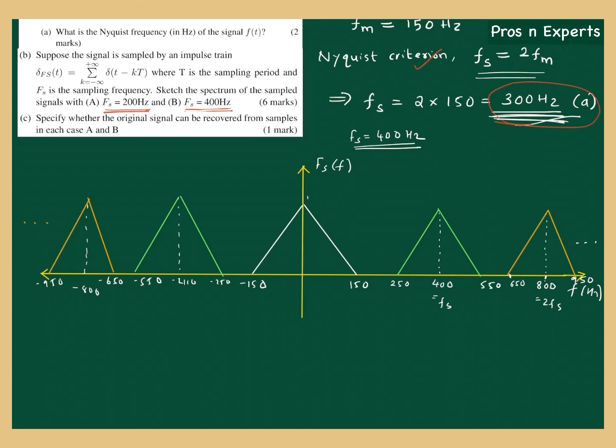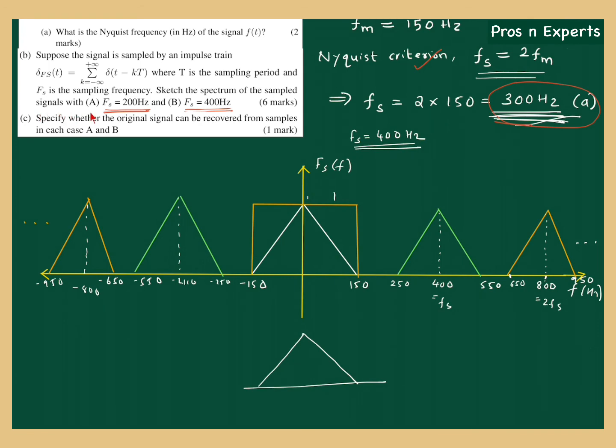If you multiply this with an ideal low pass filter, the magnitude of this filter will be 1. So 1 times this triangle will give you the triangle itself. The output will be the message signal itself. There are no spurious components coming.